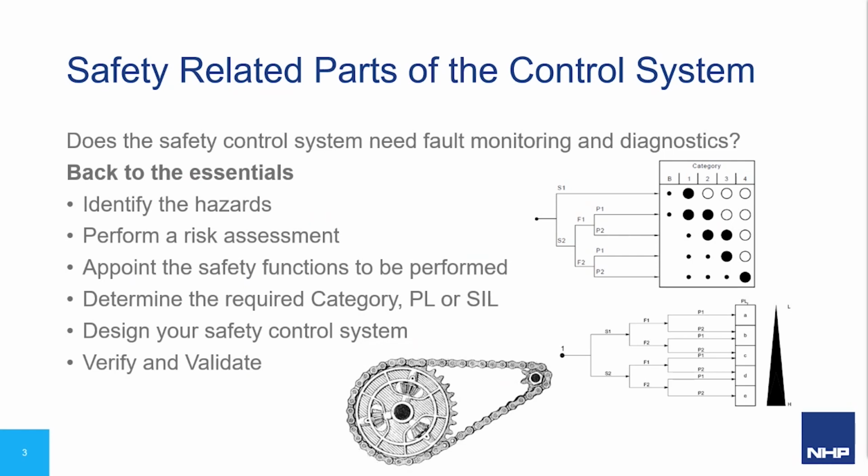And verify that your safety control system and the parts that you're using meet the requirements for the safety performance level required. Then validate the system to ensure that it works correctly in all expected operations, so normal, maintenance, and faulted states. It may be that your required safety control system needs to have fault monitoring and diagnostics. This is why you must go through the process to determine this, and the standards will help you.